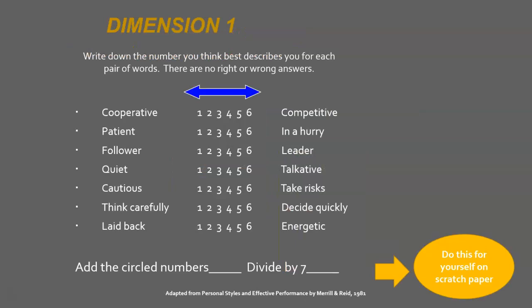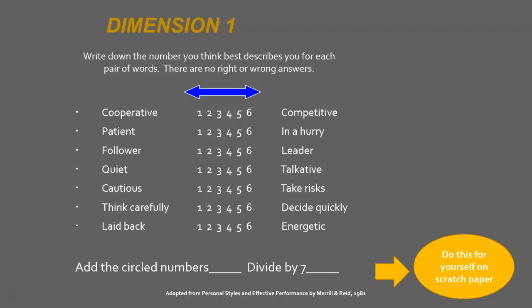So for Dimension 1, and I want you to do this for yourself on a sheet of paper, so you can pause the video after I give the instructions and do this. For Dimension 1, you're going to write down the number that best describes you for the pair of words. So if I am ultra competitive, I'd write down a 6.